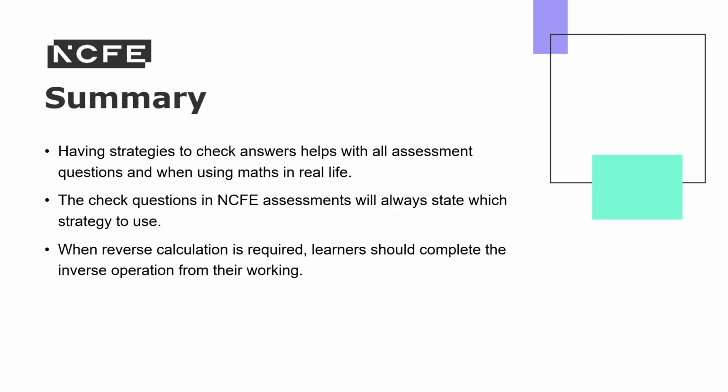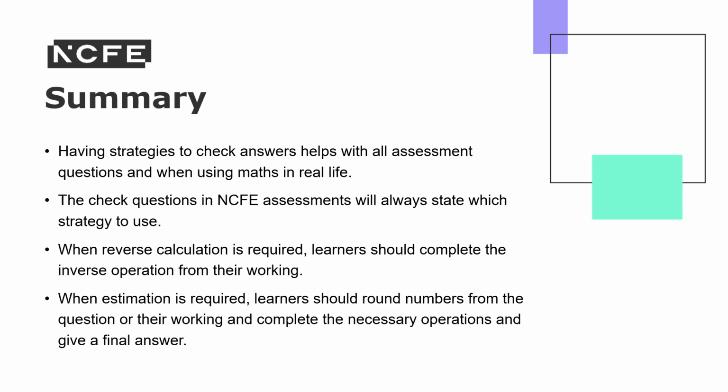When reverse calculation is required, learners should complete the inverse operation from their working. And when estimation is required, learners should round numbers from the question or their working and complete the necessary operations to get a final answer.